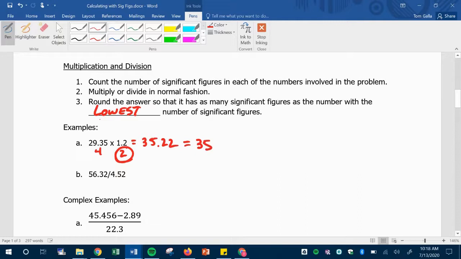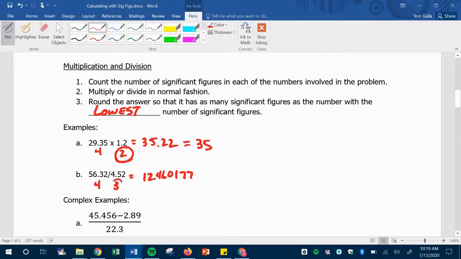All right, let's look at our next one. So we have 56.32 divided by 4.52. And when we plug this into our calculator, we end up getting 12.460177. And so as we're rounding, let's look. Our first number, 56.32, has 4 sig figs, and 4.52 has 3.